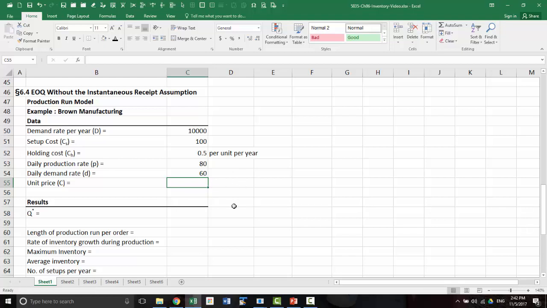If we have the unit cost, then we can figure out what will be the dollar amount tied up in inventory, like we did in the OPQ formula. Now it could be beneficial to set this up in pieces instead of having a long formula. We can set up intermediate numbers. So I'm going to insert a few lines here.